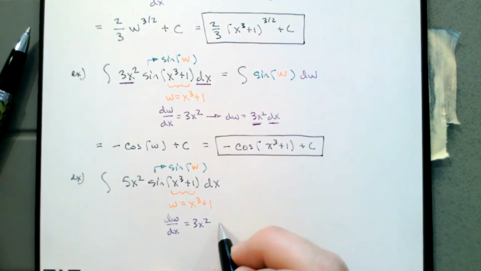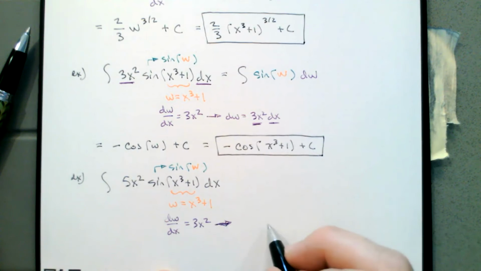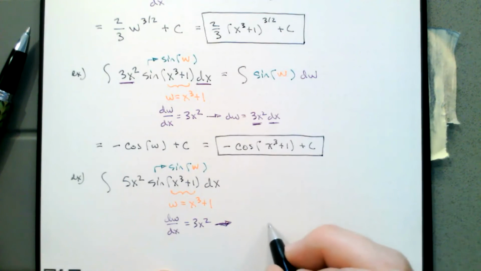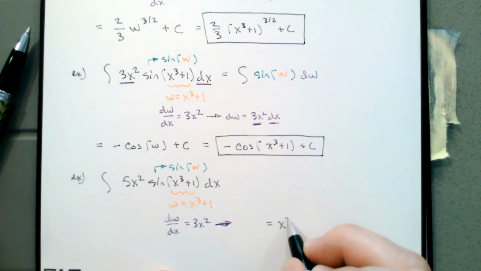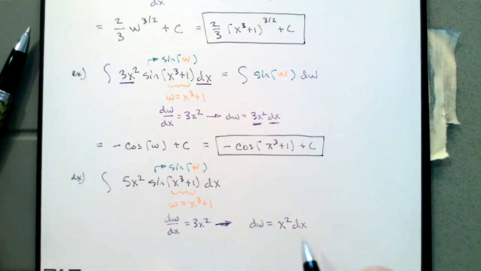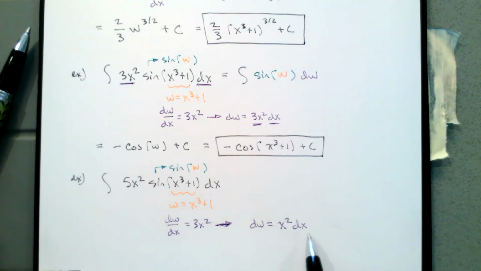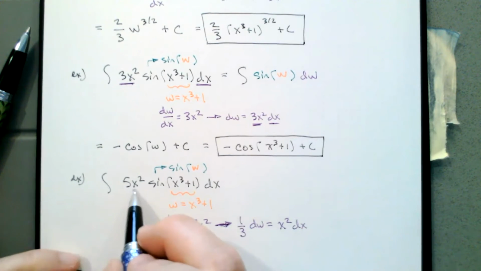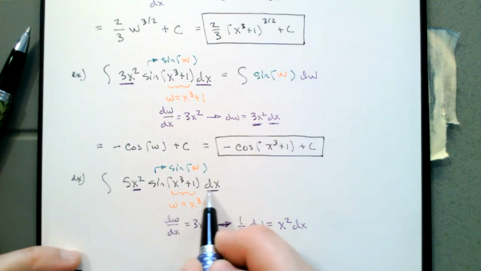What we can do is say, well, oops, this is not equals, because I'm going to be moving things around. The important part of the dw dx is the x squared. So I'll say that dw is 3x squared dx, so that 1/3 dw is x squared dx.